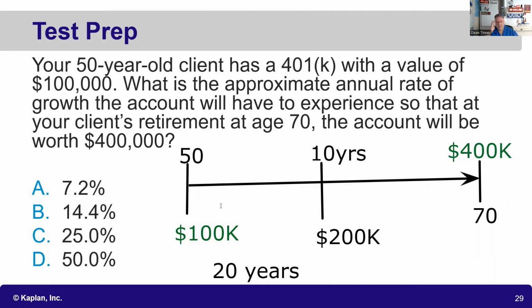So again, this looks like a higher math question. It's just really the rule of 72. The rule of 72 says I can divide, and it will tell me either the return I need or the principal amount that I need. So that's 7.2% when I do that math.